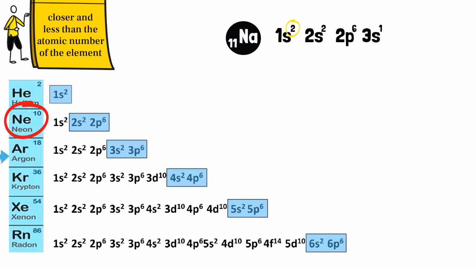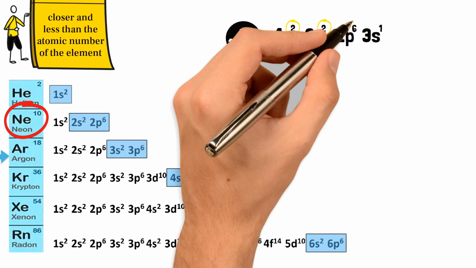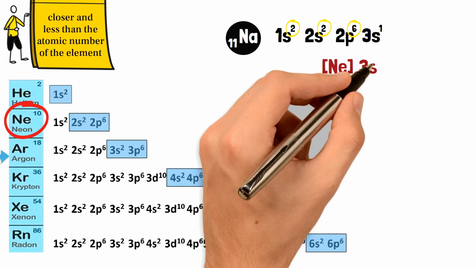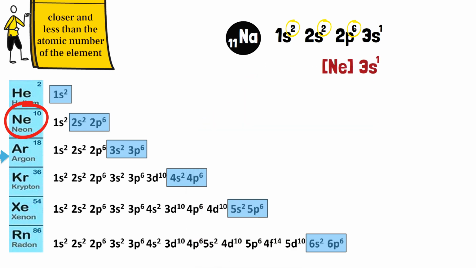So, we are going to replace the configuration of the 10 electrons in the inner levels with the symbol of neon, followed by the configuration of the remaining electrons, which is 3s1. Notice that the symbol of the noble gas is written between brackets.